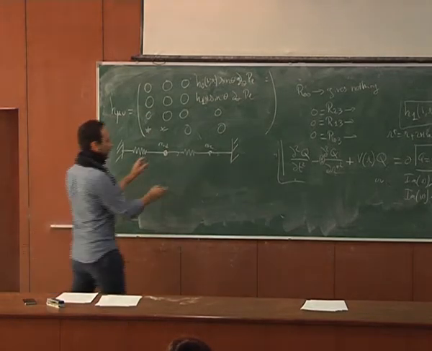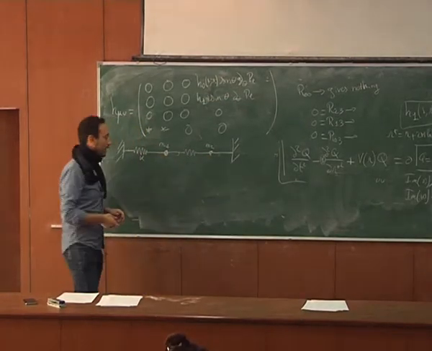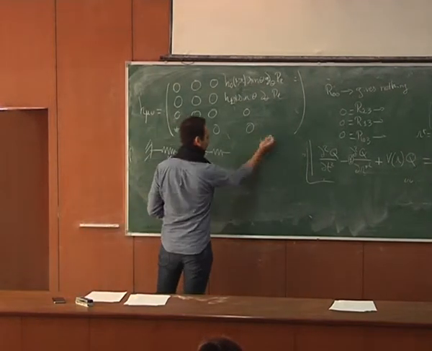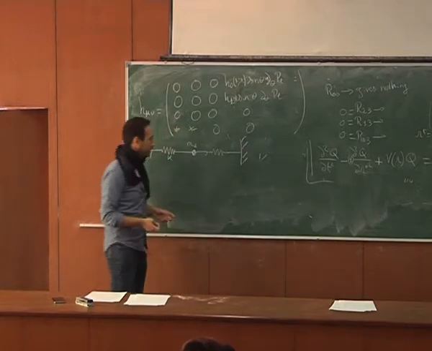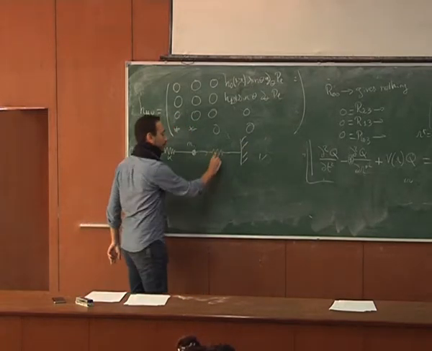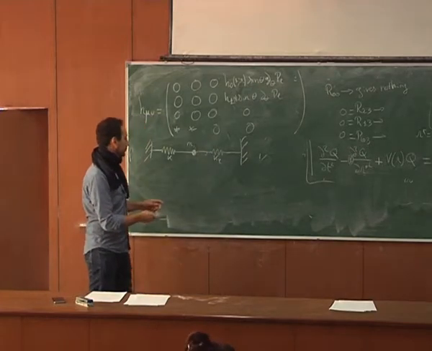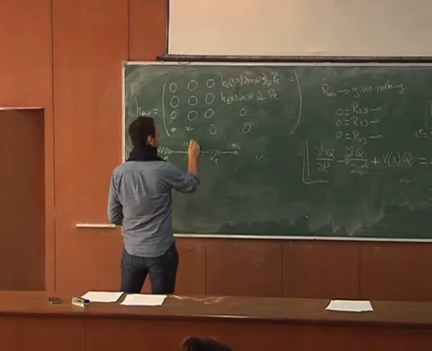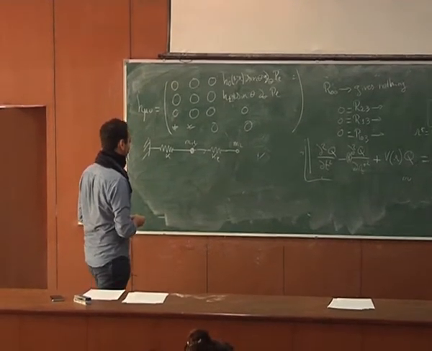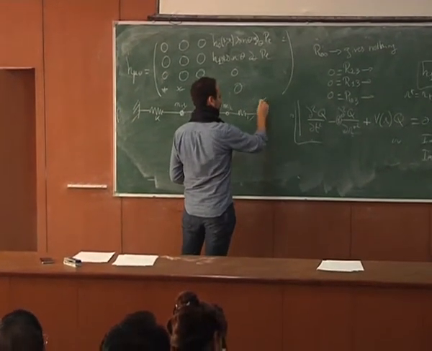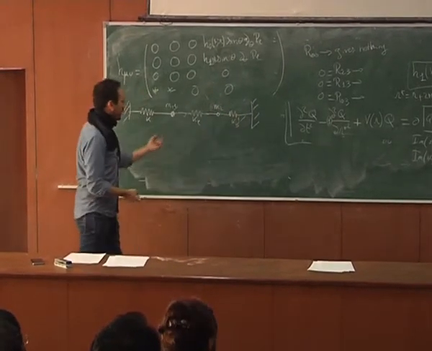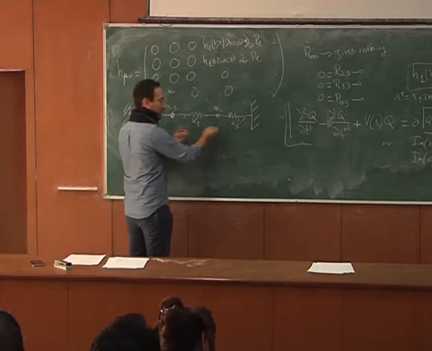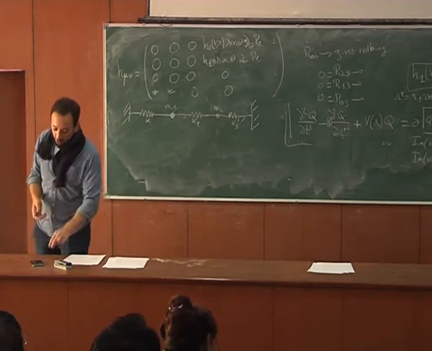It can oscillate in these two masses in a bit complicated way, etc. If I'm looking at these two masses here, they can move like this, they can go in the same direction, they have different modes, different oscillations.